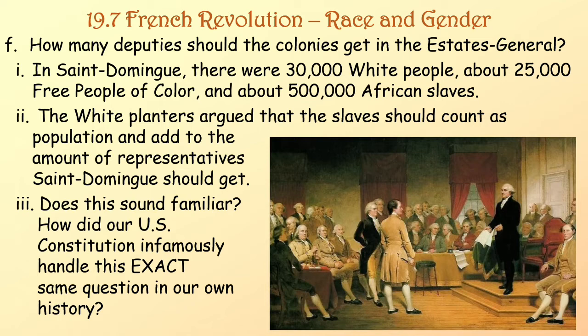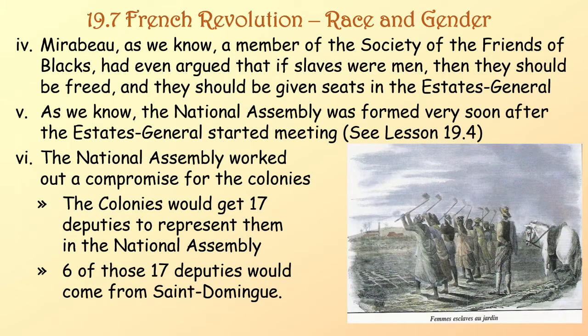Does this sound familiar? How did our U.S. Constitution infamously handle this exact question in our own country? Mirabeau, as we know, a member of the Society of the Friends of Blacks, had even argued that if slaves were men, then they should be freed and they should be given seats in the Estates General.